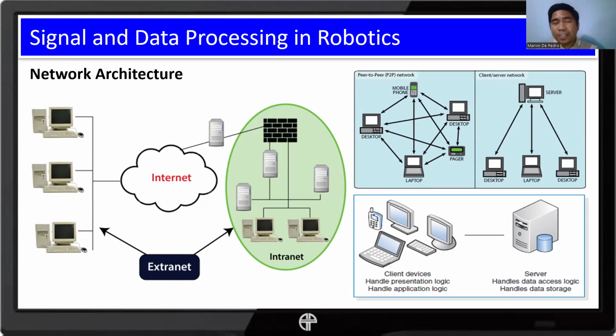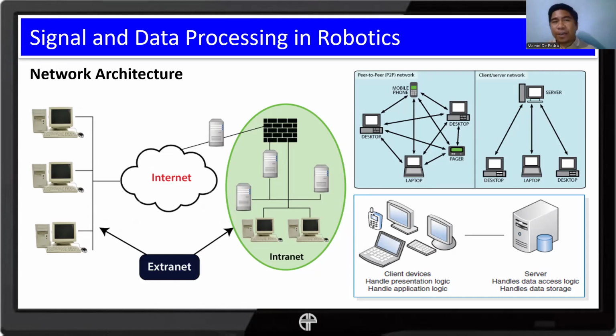This is usually possible when we have on-premise servers, and the devices are just located within a nearby area. There's no large distance in between the devices within our network.